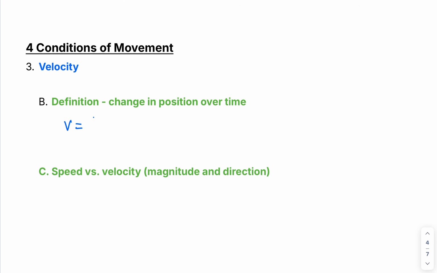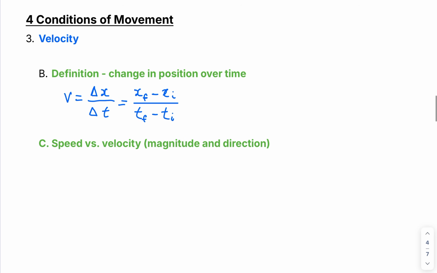Velocity is equal to the change in position over the change in time. What this means is we're going to look at the position final minus the position initial over my final time minus my initial time.